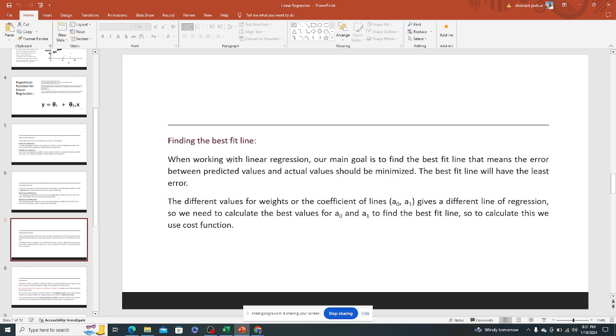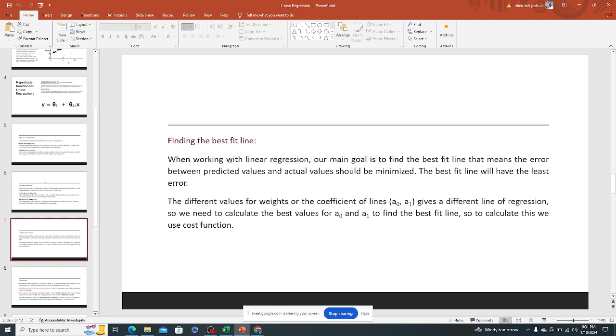It is called model optimization. So we have some methods of model optimization. Finding the best fit line.